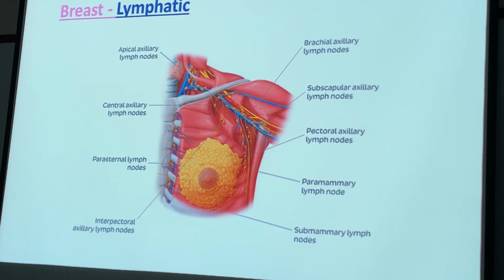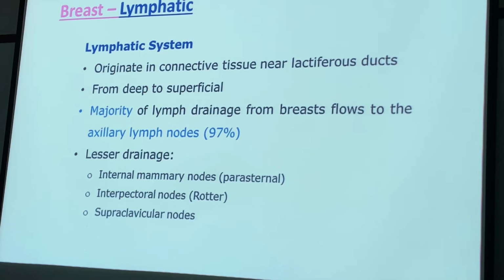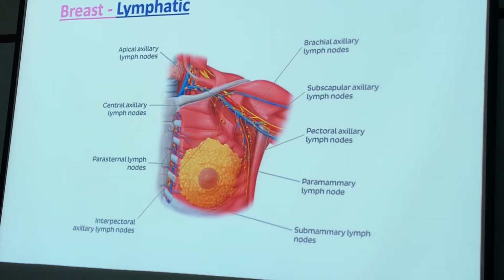All right, and then you also have your parasternal lymph nodes. What are those called, guys? Parasternal, internal mammary nodes, okay? And your interpectoral nodes, I don't think I have, oh, in here they are right here. Interpectoral nodes, also known as Rotter nodes.